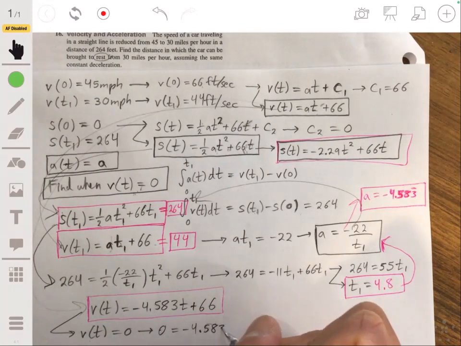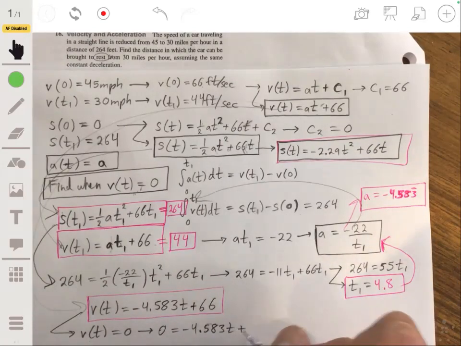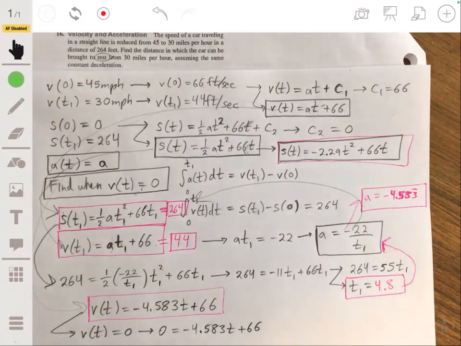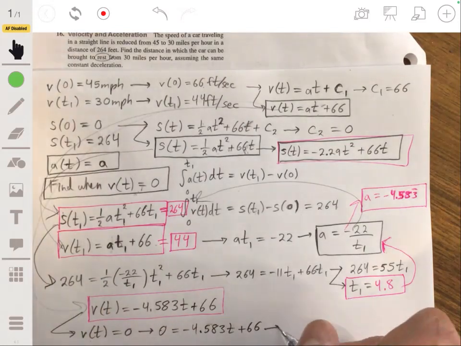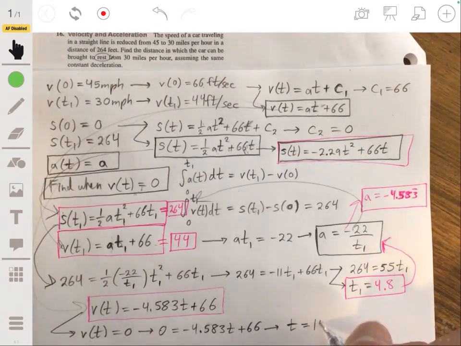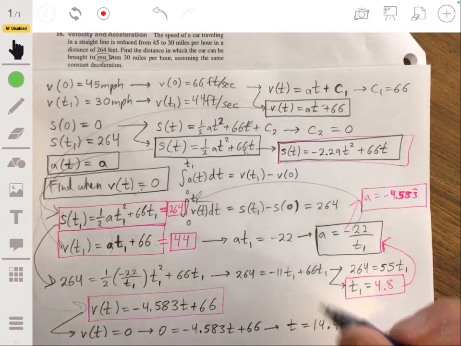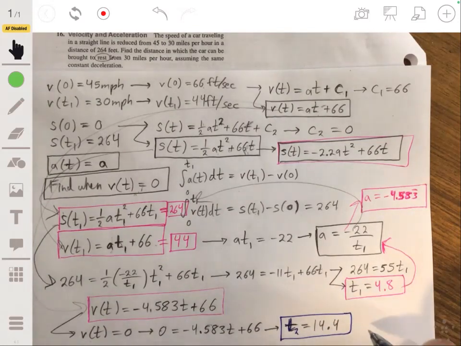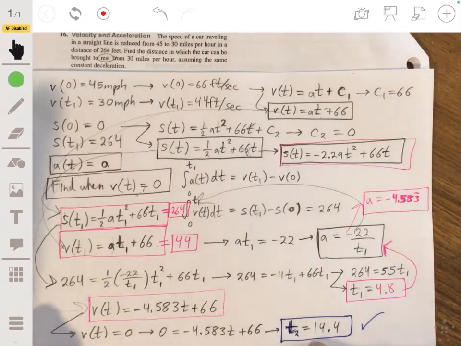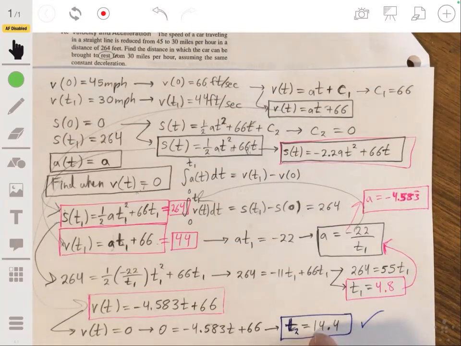So 66 divided by 4.583 will give us a t of about 14.4, and we're going to call this t2. So it's going to take 14.4 seconds to reach a velocity of 0.